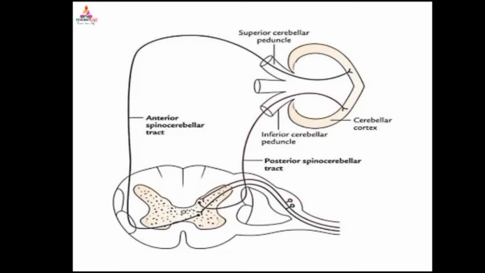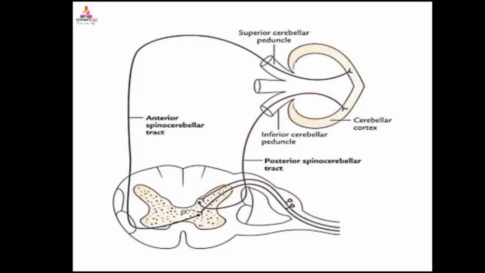Next is the anterior or ventral spinocerebellar tract. The origin and course of the first order sensory neuron are the same as the posterior spinocerebellar tract. The axons of cells of the nucleus dorsalis cross to the opposite side and pass to the anterolateral part of the lateral white column of the spinal cord and then ascend to form the anterior spinocerebellar tract.